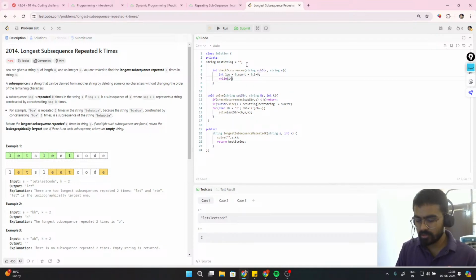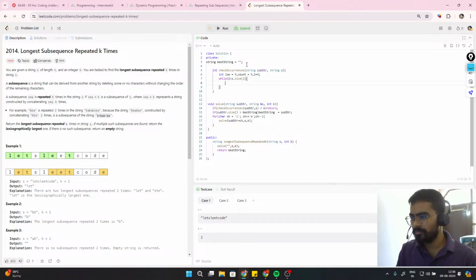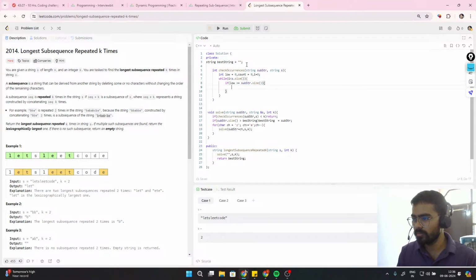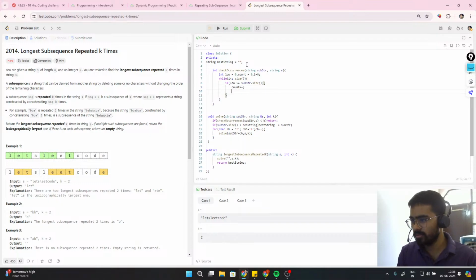Now while this i is lesser than s dot size, I will move forward. If my low goes more than or equal to substring dot size, I'll do two things. I'll increase my count plus plus, and I'll set my low back to 0 again.